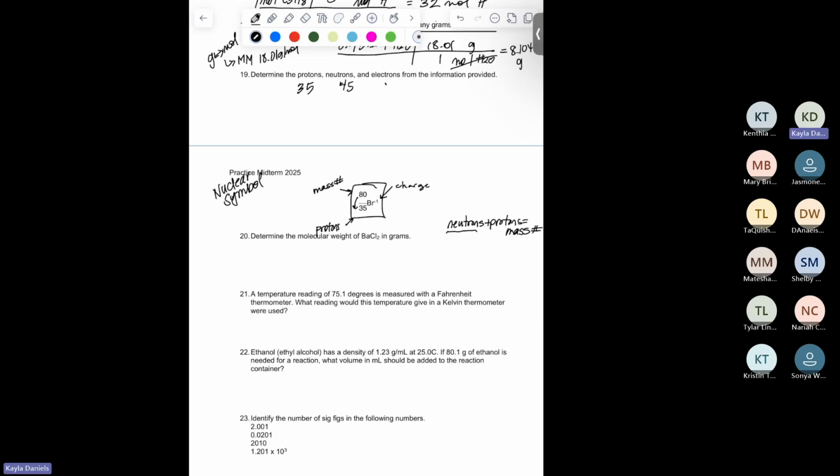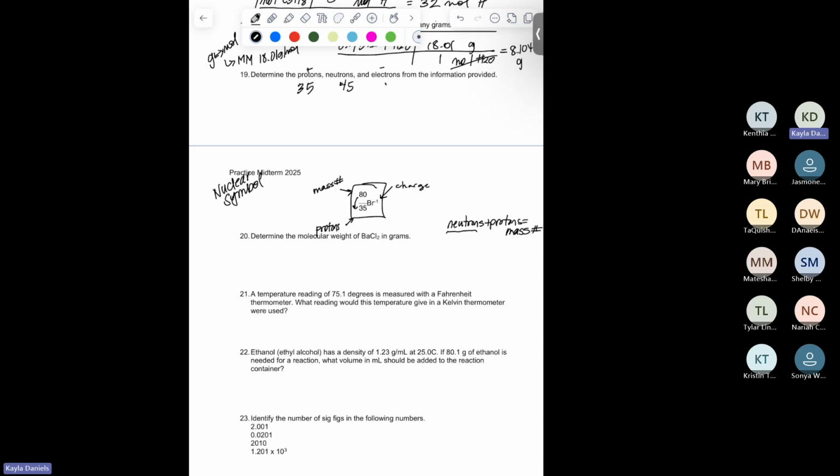Now, if there was no charge, that means it's neutral, so the number of protons would equal the number of electrons. But there is a charge. The charge is -1.